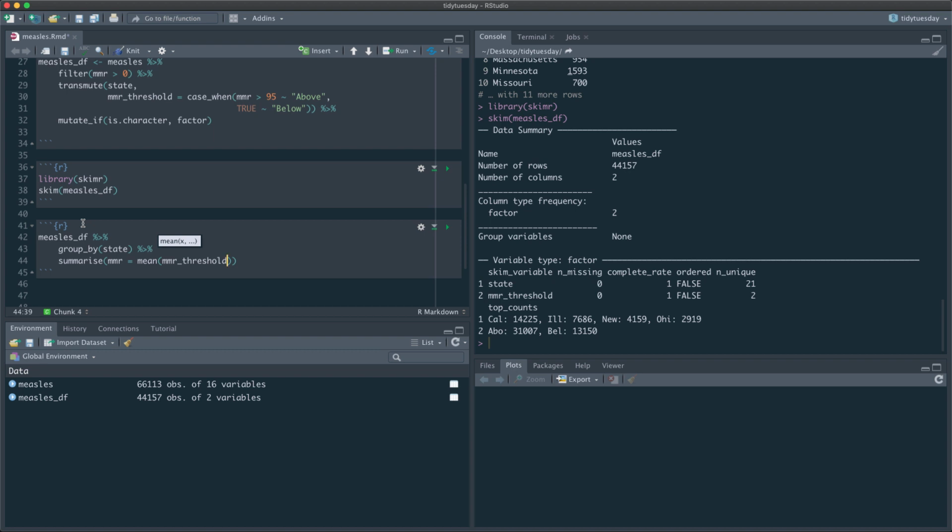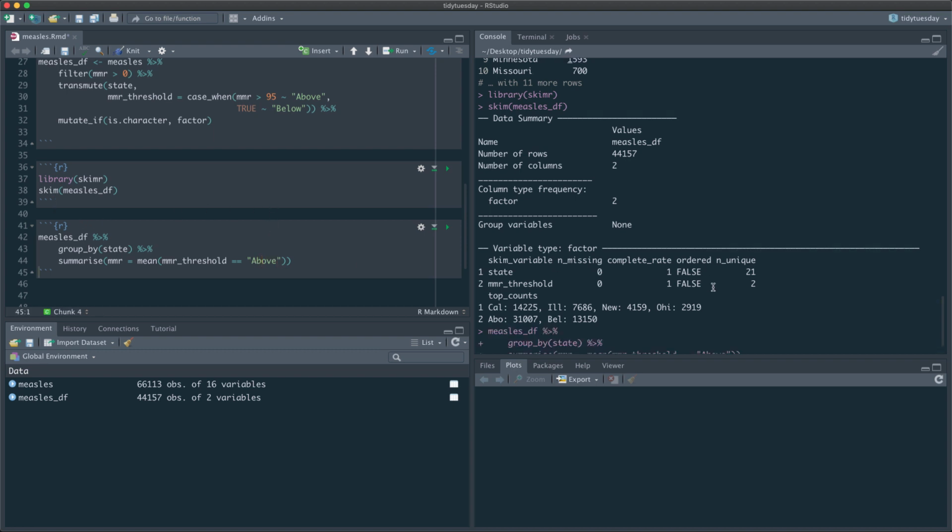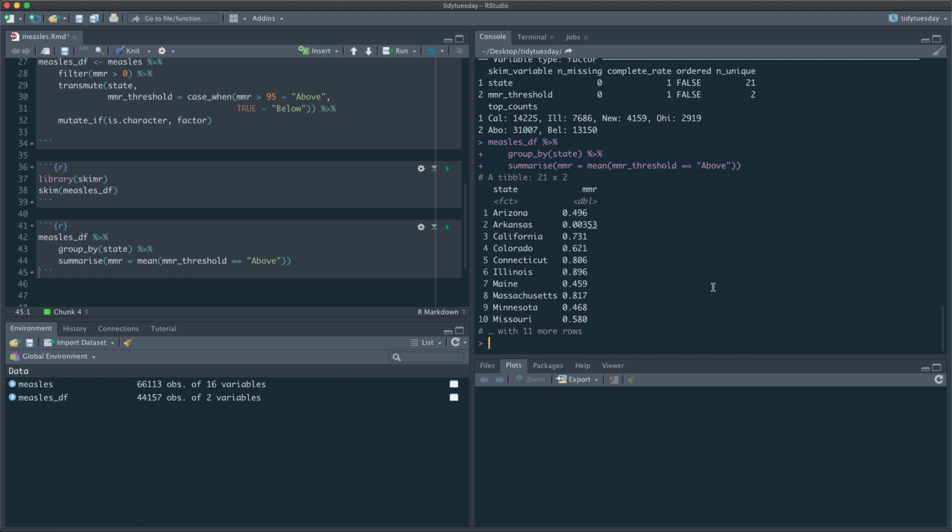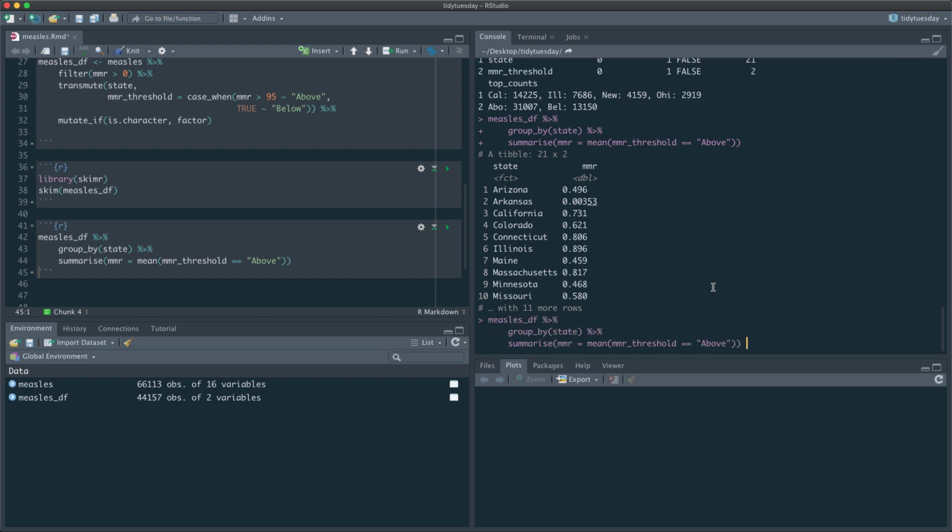So what percentage of schools in each of the states are above this threshold? Let's arrange this so we can see it. What is at the top? Whoops, no, MMR like that.